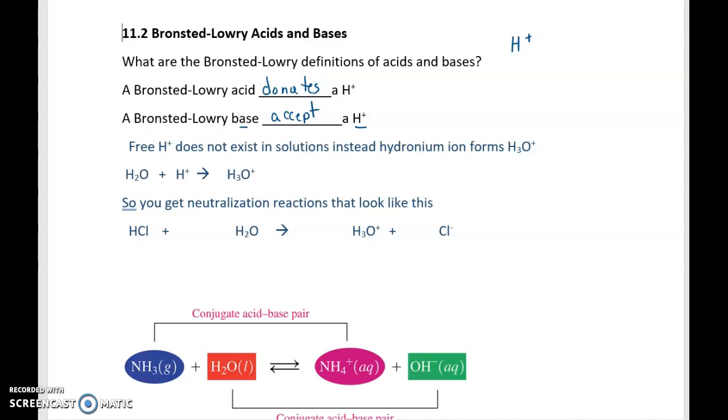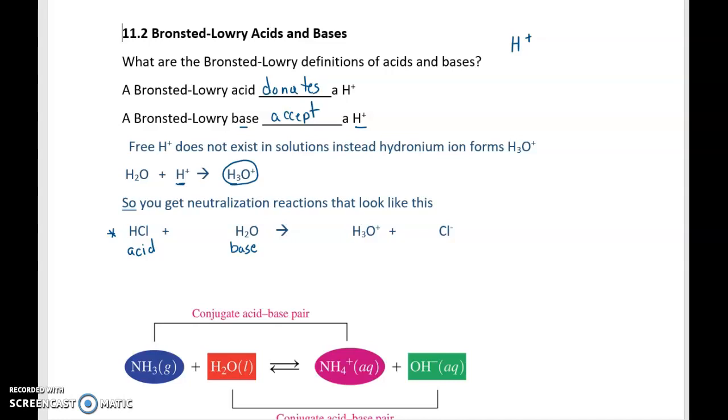Okay, so what we get is if we have a free proton in solution, it will combine with water to make a hydronium ion. And a neutralization reaction looks more like this. We have an acid, this is hydrochloric acid, and it's going to react with water, which in this case is going to be a base.